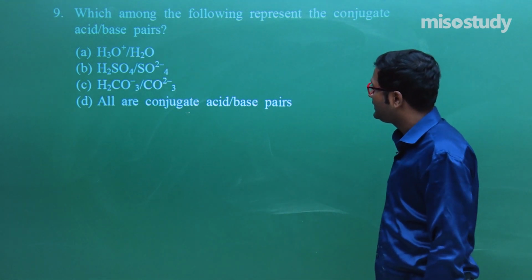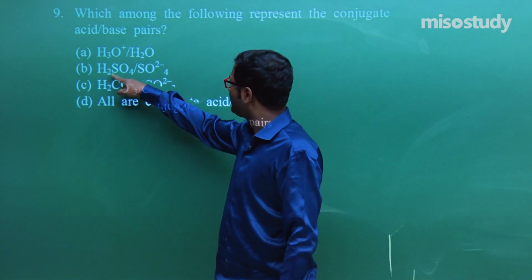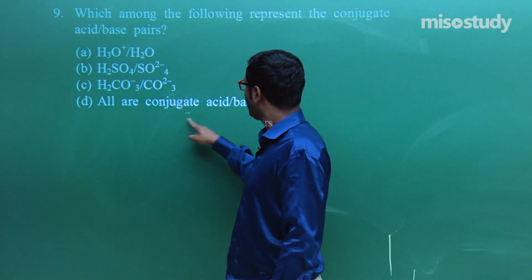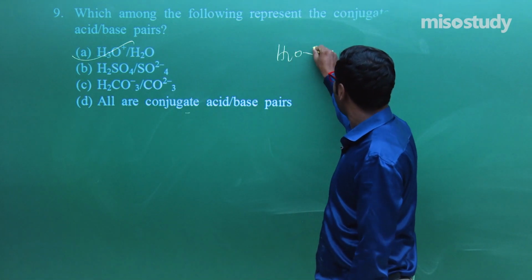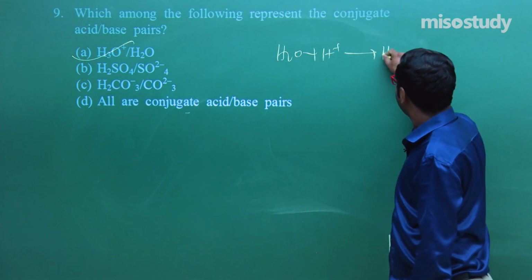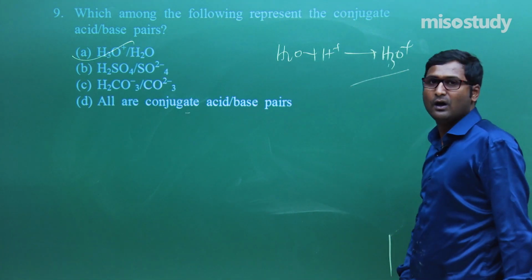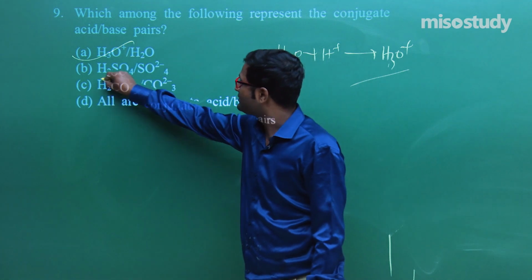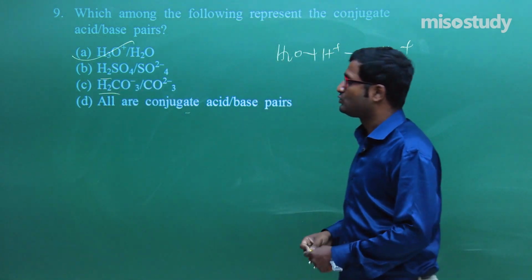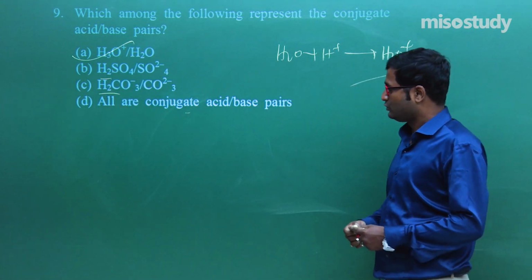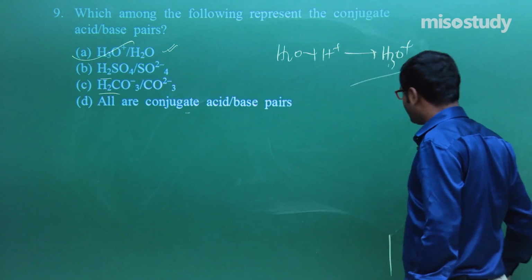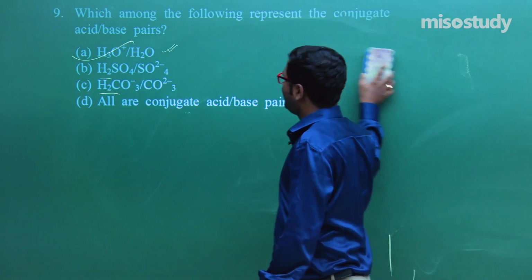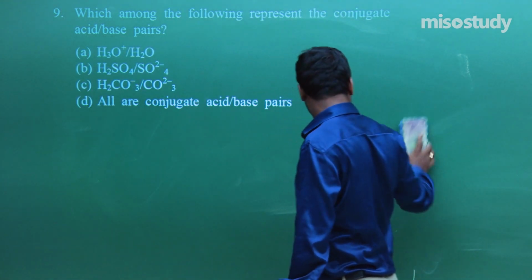In H2SO4 there are 2 hydrogens gone, not 1. So A is the correct option, because H2O plus H plus gives H3O plus, a gap of only 1 hydrogen, but in the other case there are 2 hydrogens. So these are not conjugate acid base pairs, but this is a conjugate acid base pair. Clear to you, friend? Now let's move to the next one.